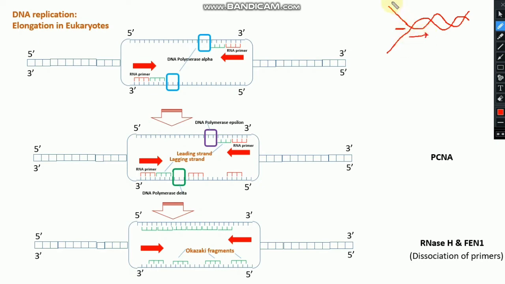So then in the 3' region, the primer binds here, and then DNA polymerase starts synthesizing the new strand towards the 5' direction.